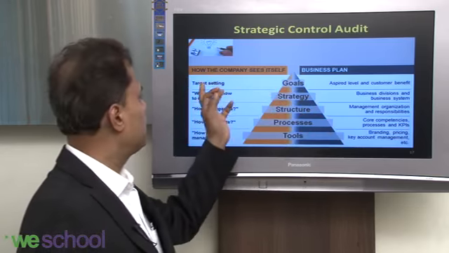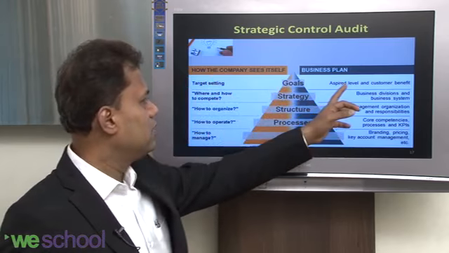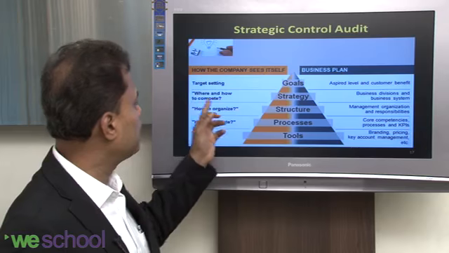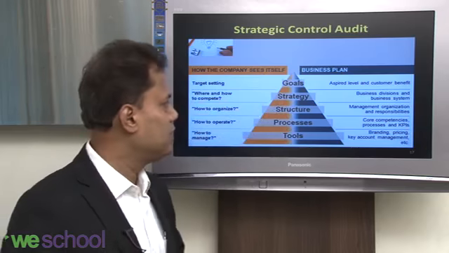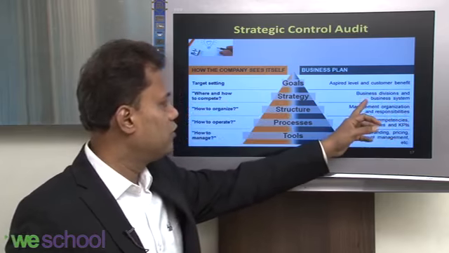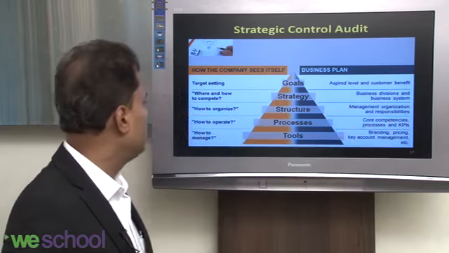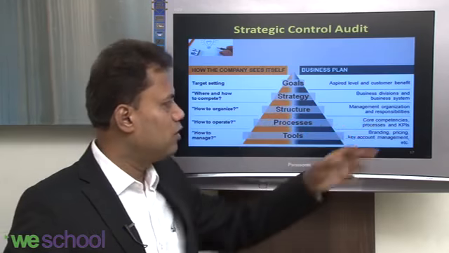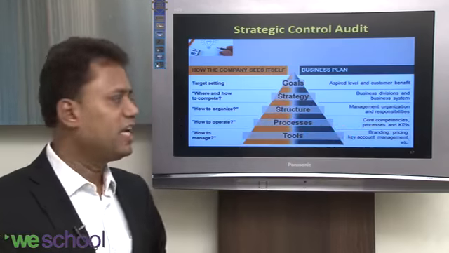The different goals have different targets and benchmarks, aspect level and customer benefit, where and how to compete. The strategy for that is particularly devised at the business unit levels, division level, and how to organize. You have to design the structure, management organization, responsibilities, and KPIs.